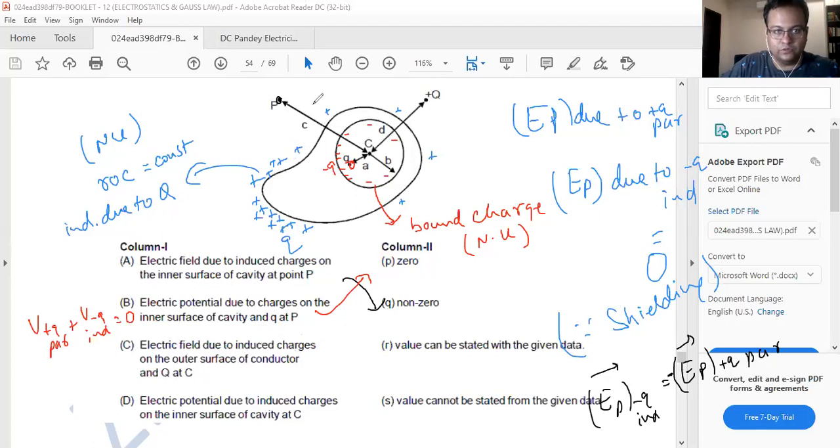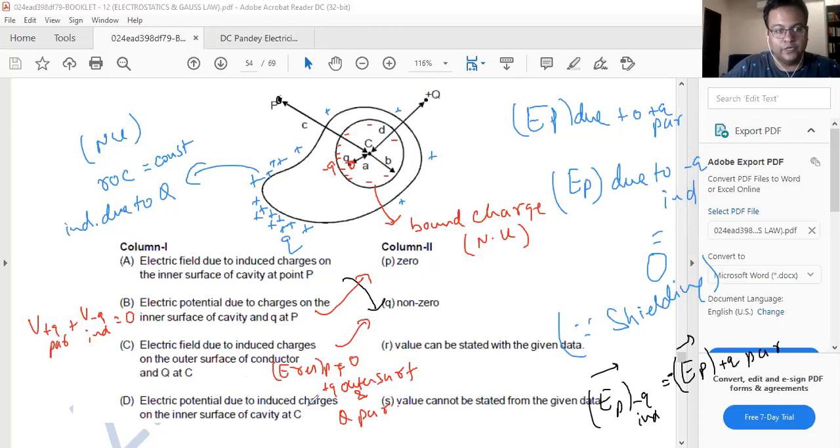It will be obviously non-zero. दोनों चीज डिसाइड करेगा, राइट? ये प्लस क्यू चार्ज ऑन द आउटर सरफेस और ये प्लस कैपिटल क्यू चार्ज पार्टिकल, दोनों का इलेक्ट्रिक फील्ड होगा इधर पे, राइट? So the resultant electric field here is non-zero because of two things: because of the plus q charge on the outer surface and what, and capital Q charge particle. Non-zero. If you clear with this.